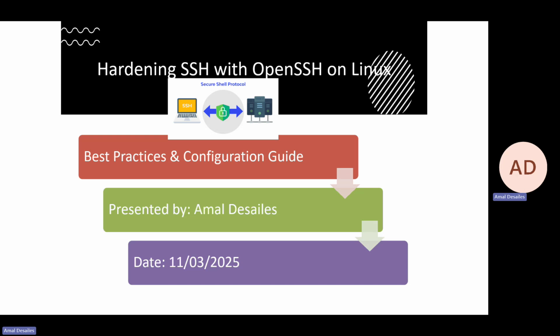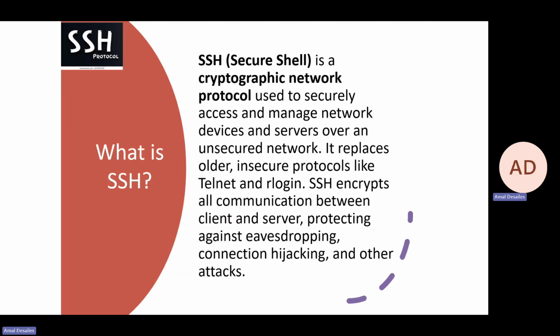So in this presentation, I will explain what SSH and OpenSSH are, how they work, and the best ways to harden or secure them. So what is SSH? SSH is a cryptographic network protocol used to securely access or manage network devices and servers over an unsecured network.